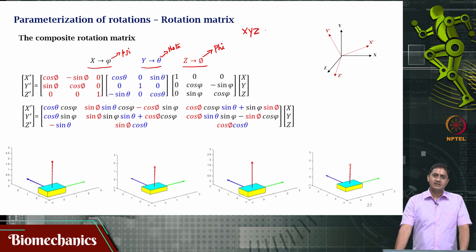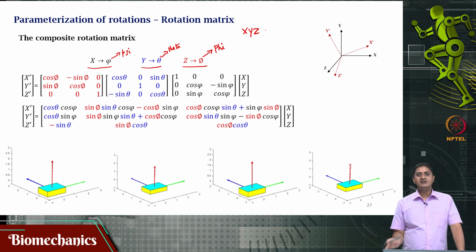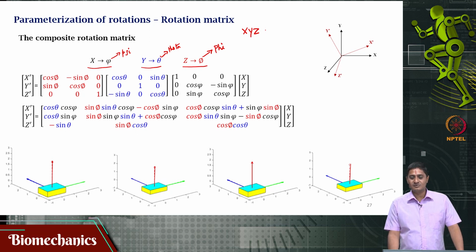What does this mean? Does it mean that first the x rotation is happening, and then the y rotation is happening, and then the z rotation is happening? Is that what it means, or what does it mean? Actually, x, y, z order of rotation does not necessarily imply a temporal order. It does not mean that the x rotation is first happening in time, followed in time by the y rotation, and followed in time by the z rotation.